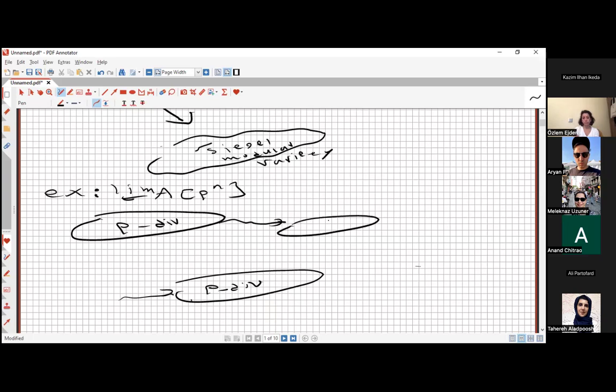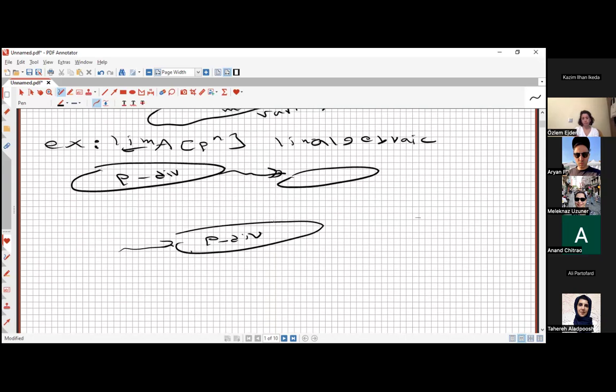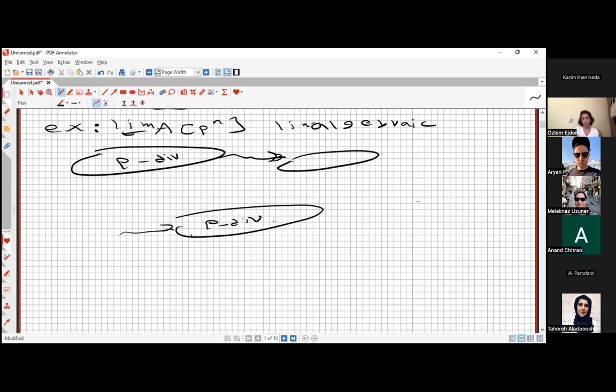So we want to find some class of linear algebraic objects such that this map becomes an equivalence of categories. That's the first goal. If we want to classify the p-divisible groups over a perfect field by linear algebraic objects, this is very classical. This is called Dieudonné theory.